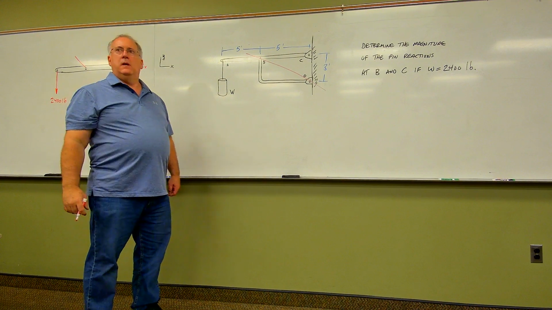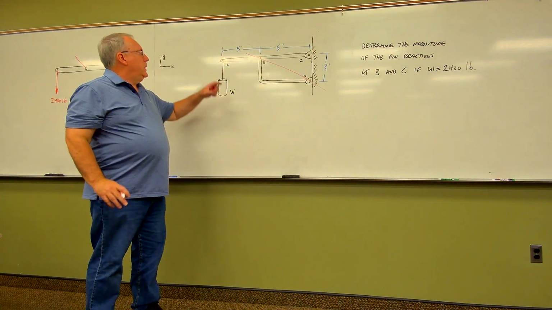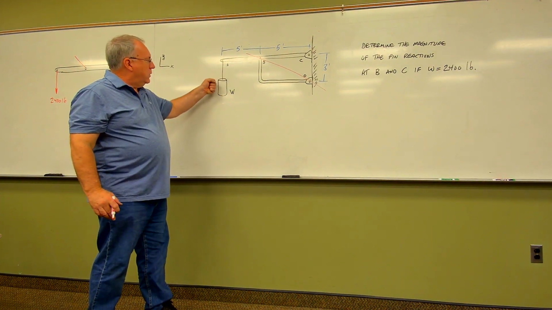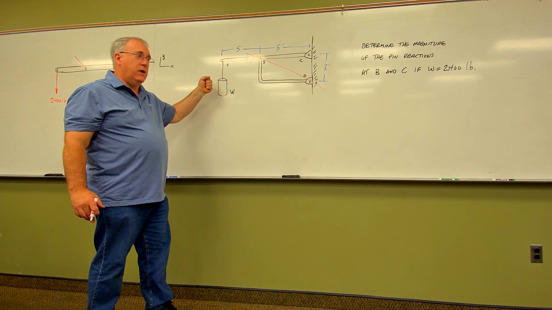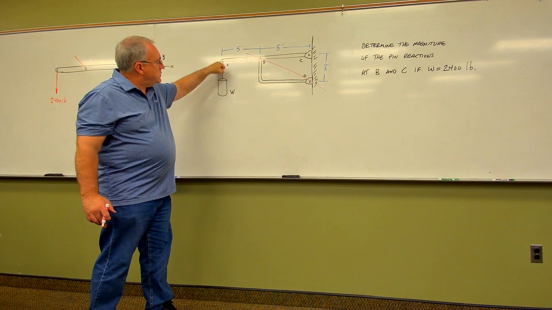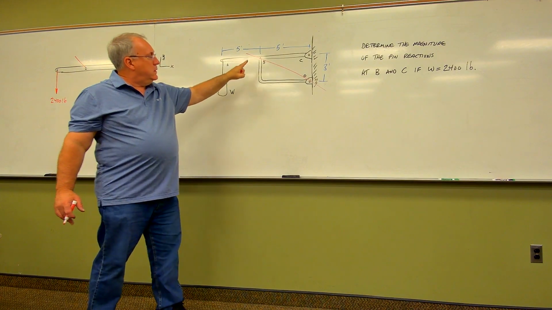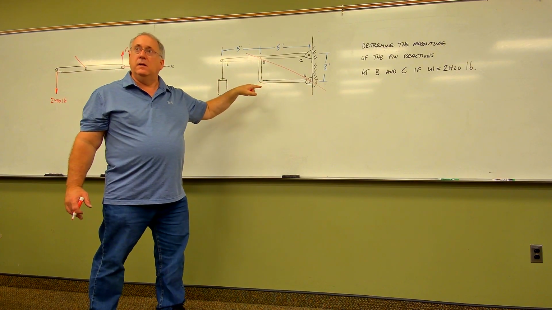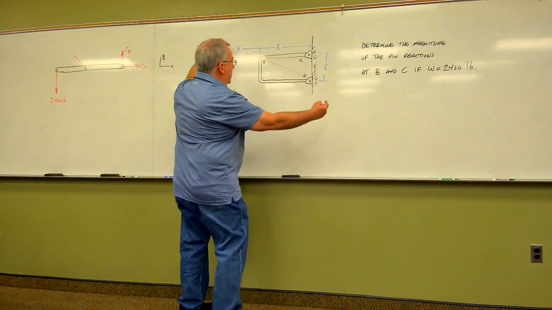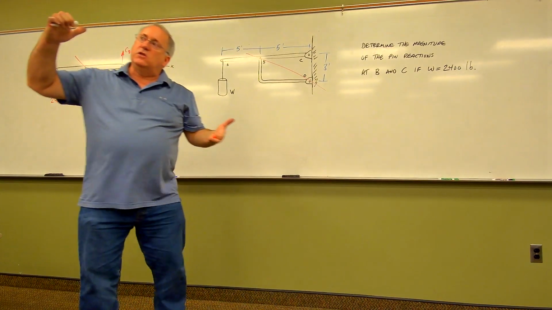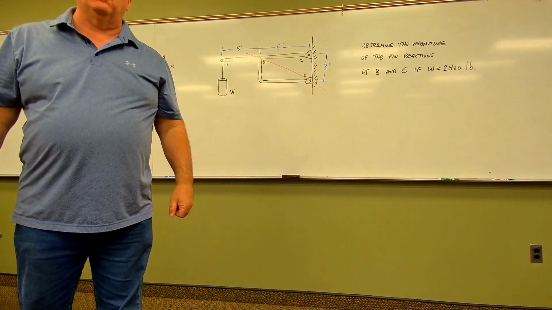So think about this, folks. If I apply a weight to pull down on this member right here, as this is trying to go down, this is pushing back on it, right? Wouldn't it be true that this member here is trying to compress BD, trying to squeeze it together? It's certainly not trying to pull it apart, right?